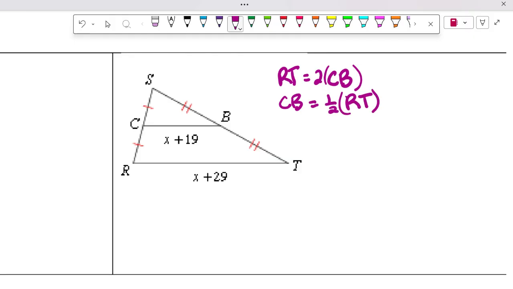Now, this is that conundrum of where it doesn't matter which of these you use to set up your equation. I say use the one that's doubling because then you're dealing with whole numbers and not fractions. So, I would use this one as your reference. Using that as my reference, how would I set it up?